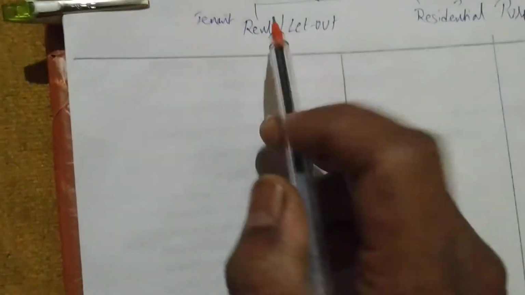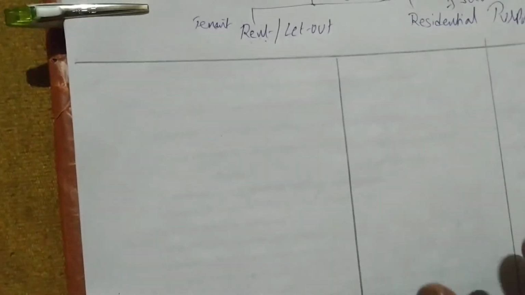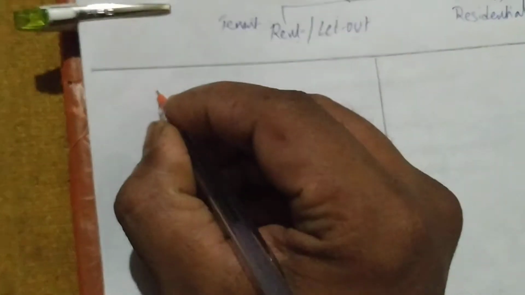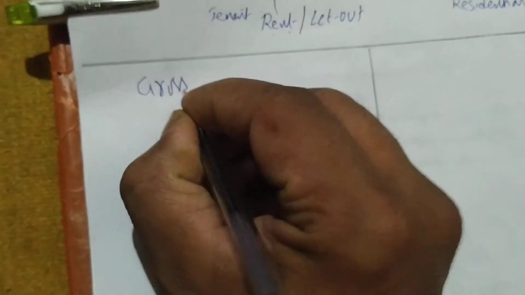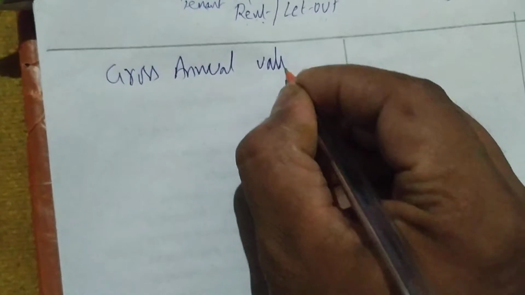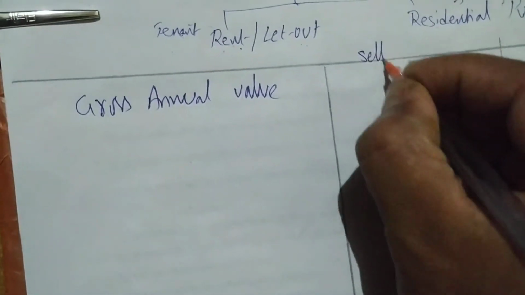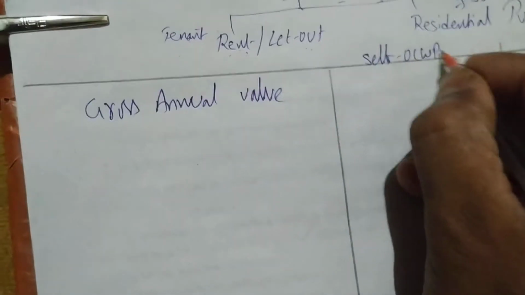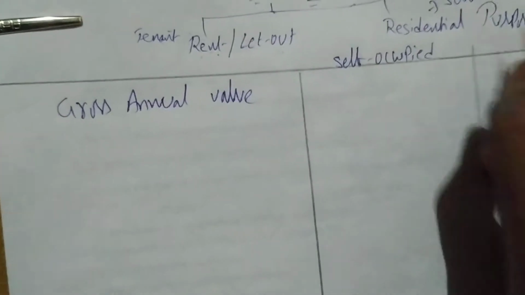Now we'll try to understand what information is needed to solve problems based on let out and self occupied. For both, the income from house property format is the same. So first we'll write here gross annual value. First column is self occupied, second column is let out.